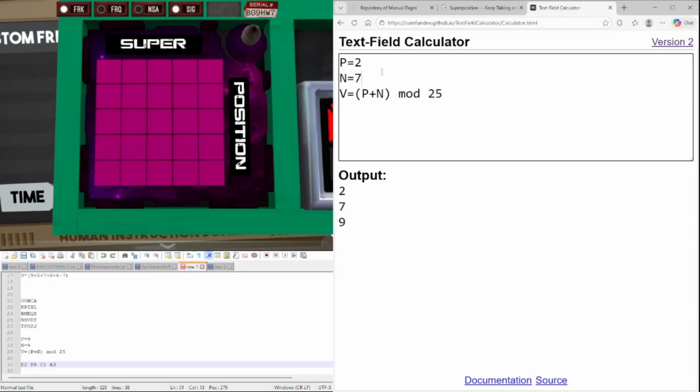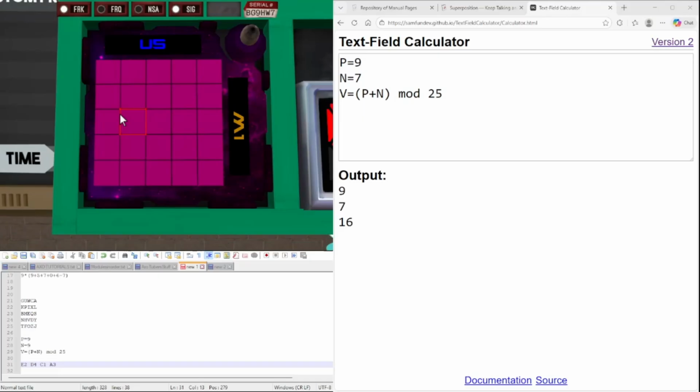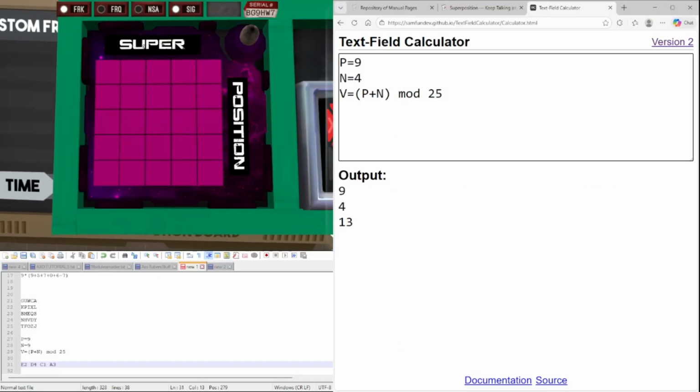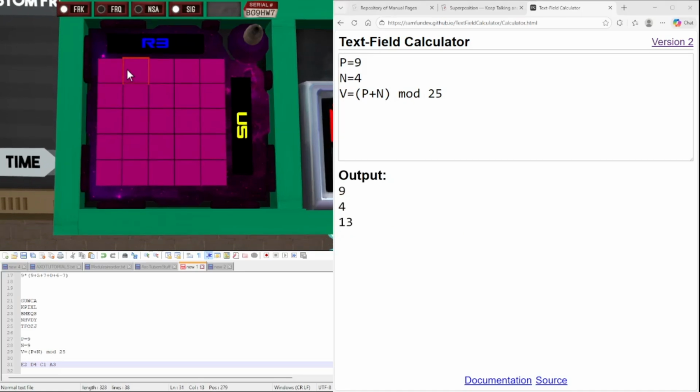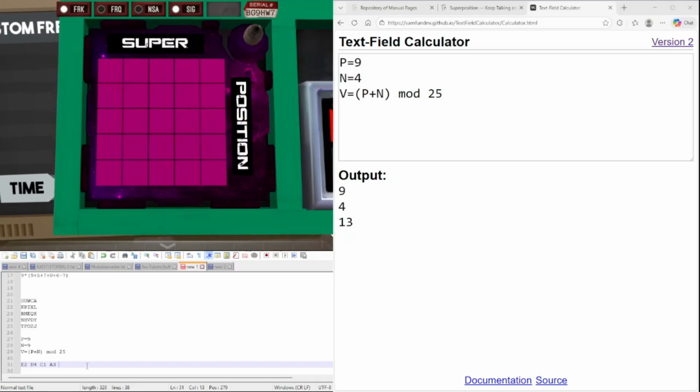Then we have the previous calculated number, which is 9. The recently valid cell was this one. It's 4. It's 13, counting 4 through 13. So D3.